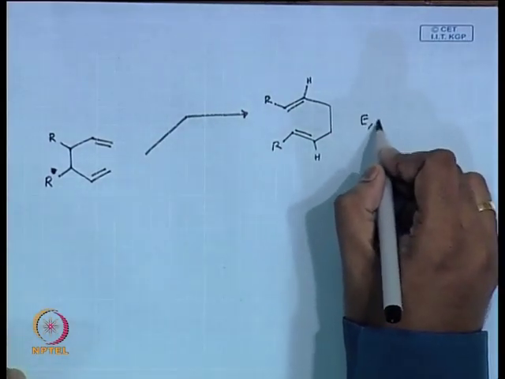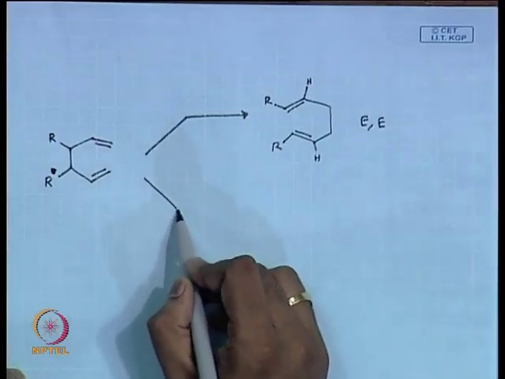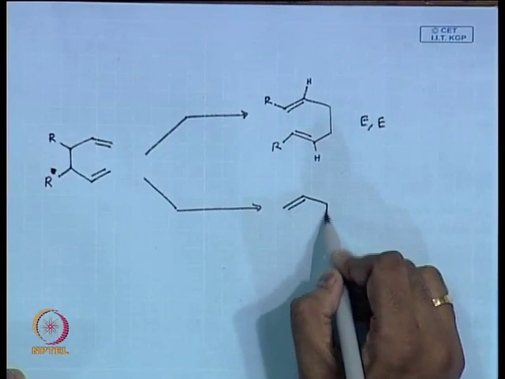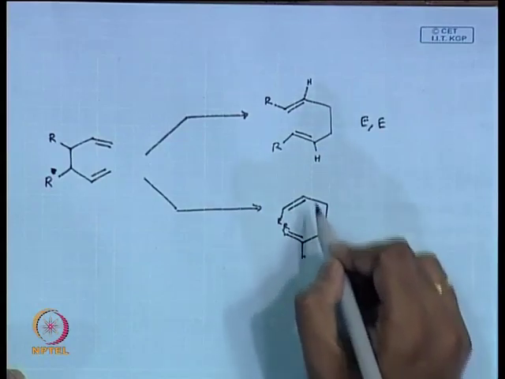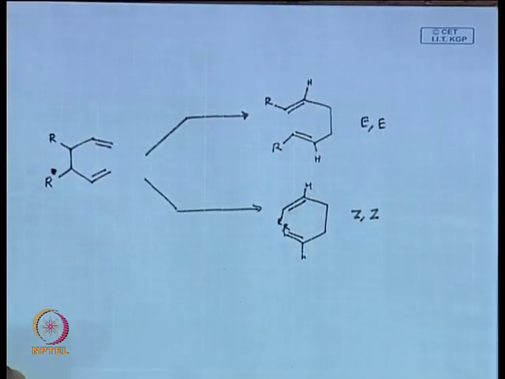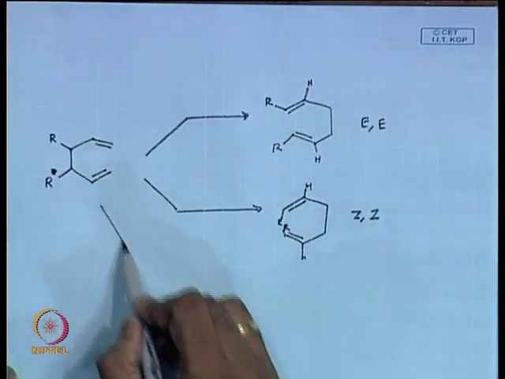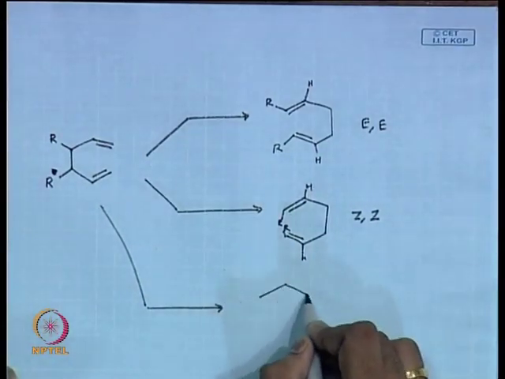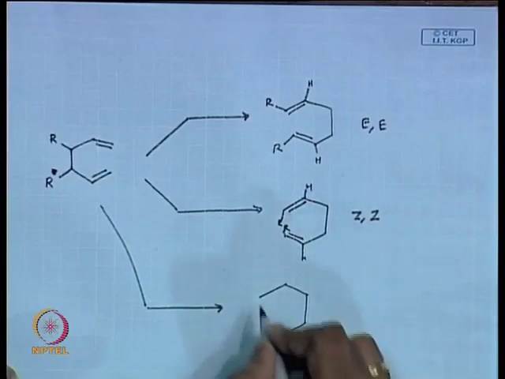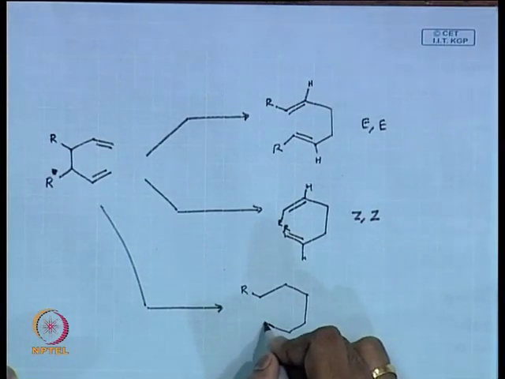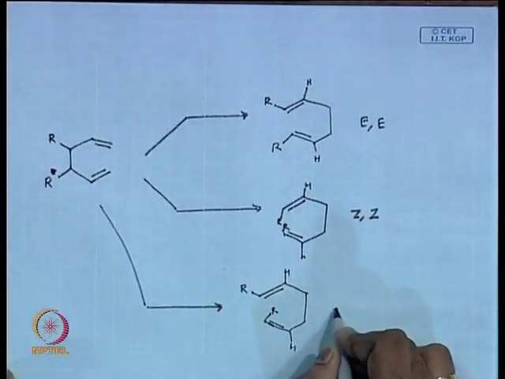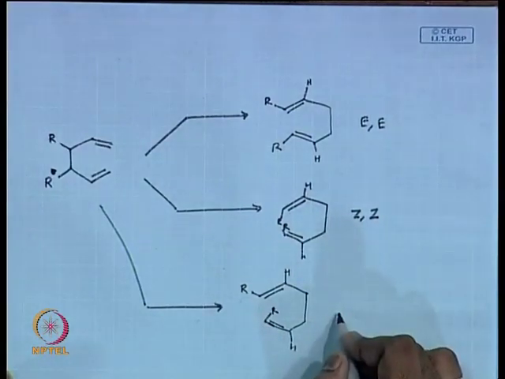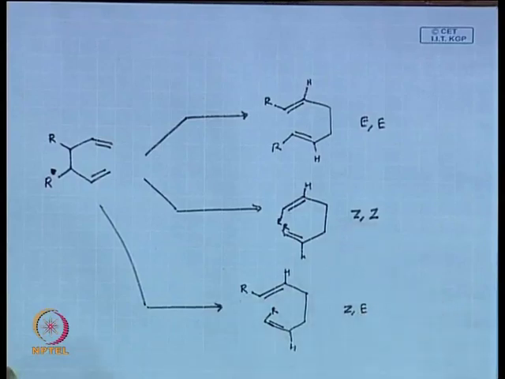E and E. Then I can think about R inside and H, Z and Z. Another case I can think about is R outside and one R inside, so it can be Z and E. E and Z and Z and E are both the same.